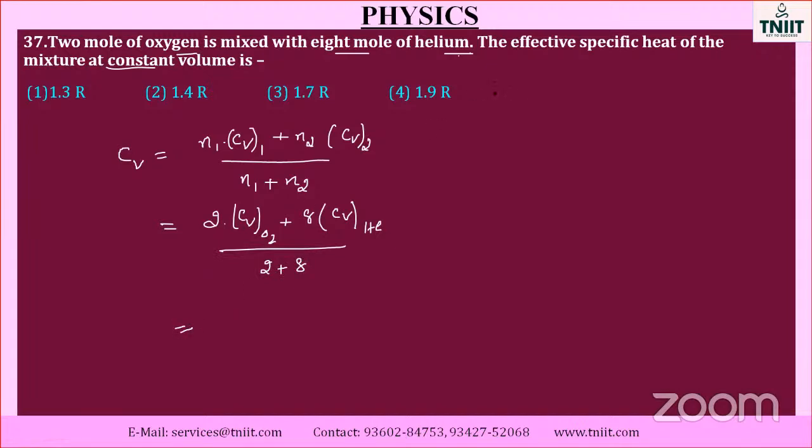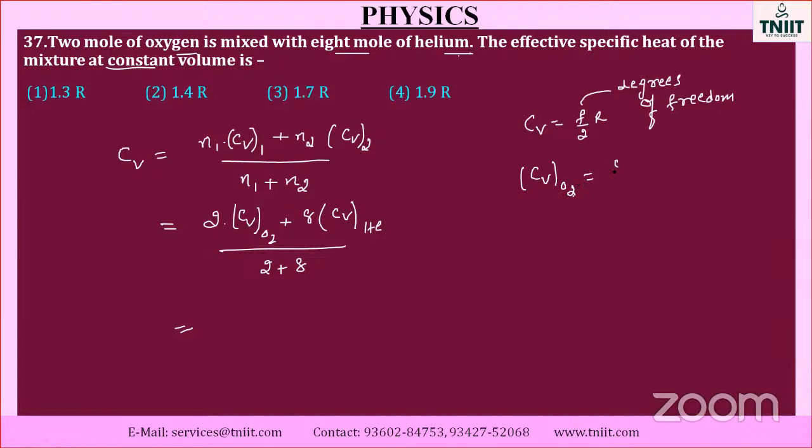Now you know the value for CV, constant volume, that is F by 2 into R, where F represents what? Degrees of freedom.